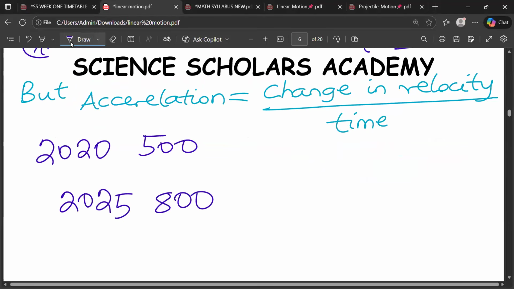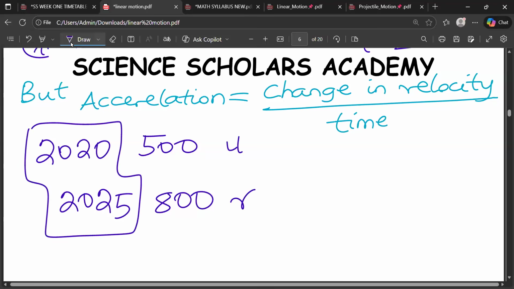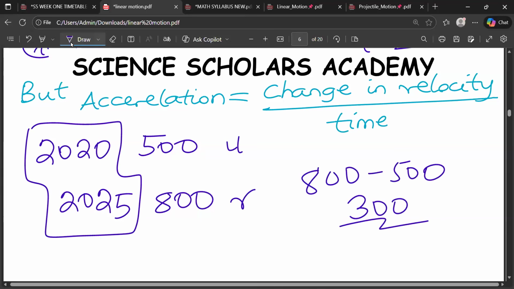This was the initial price. This is now the final price. So if they ask you for the change in price of the pen, you'll be like 800 minus this, then you get 300. So the price of the pen has increased by 300. And the 800 is the V, the 500 is the U.